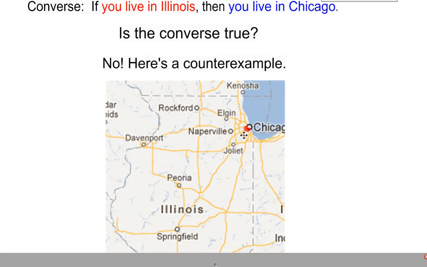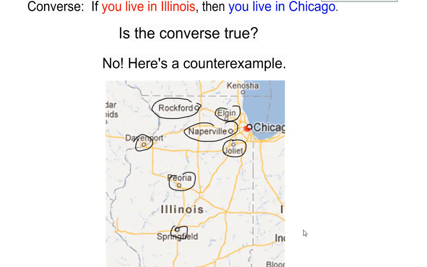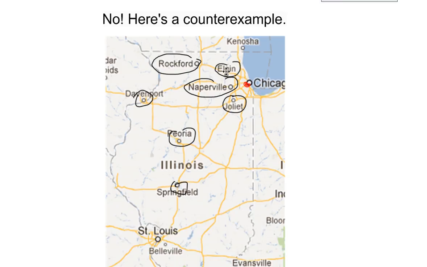You can be living in Rockford, Elgin, Naperville, Joliet, Peoria, Springfield or Davenport. So no, the converse is not true, and the counterexample is any one of those cities. You don't need to list all the cities in Illinois to show that the converse is false.